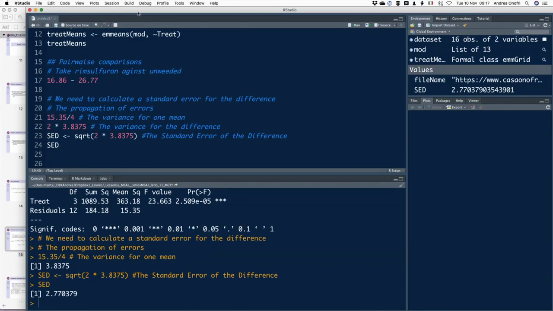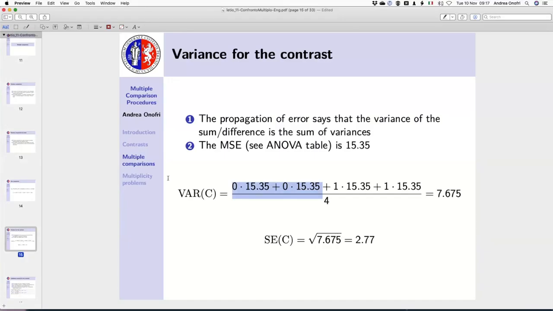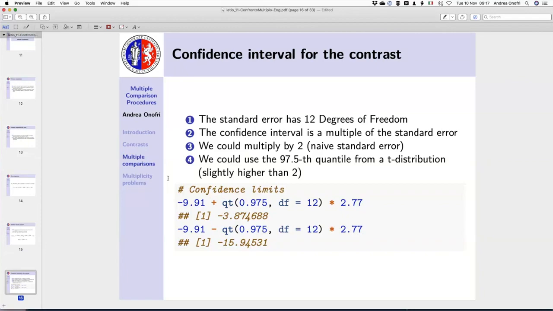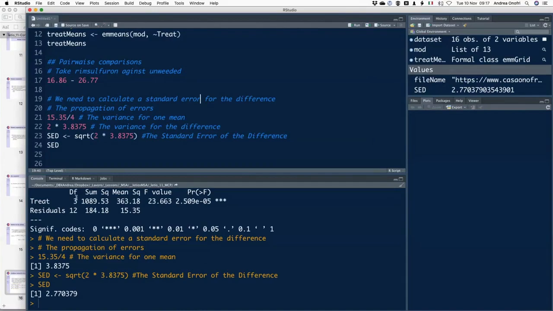Now, let's go ahead. So that seems to be clear. So let's make a further step. Now, what I could do is, for example, calculate a confidence interval for the contrast.